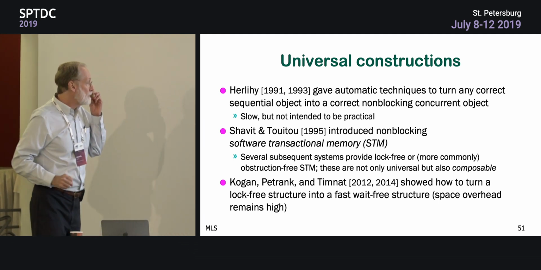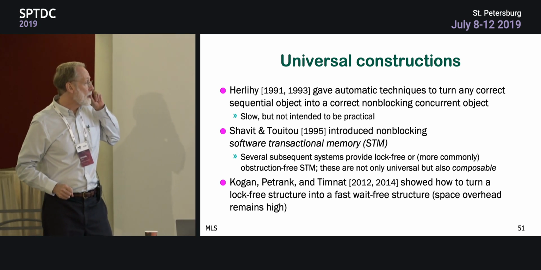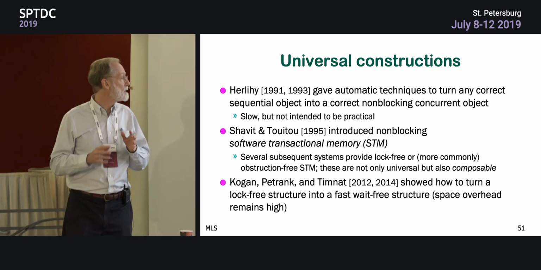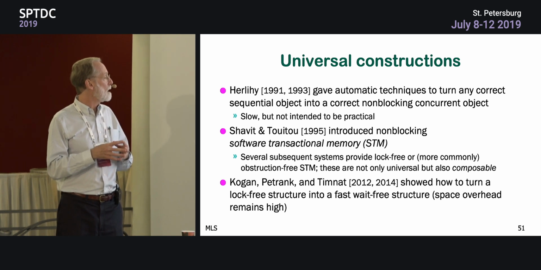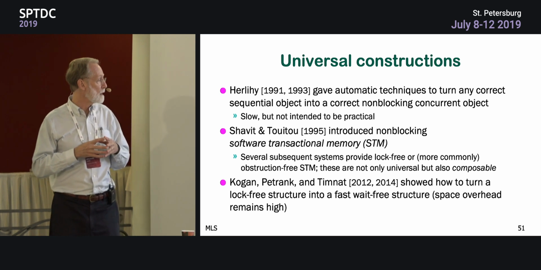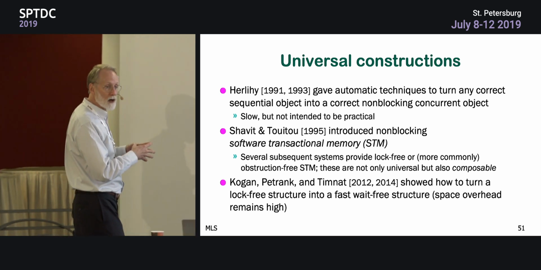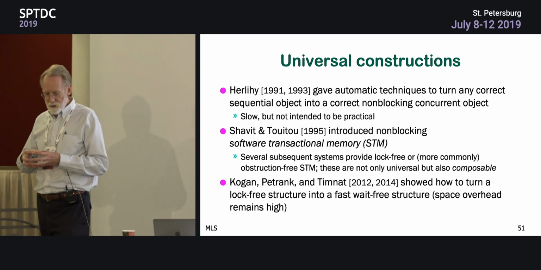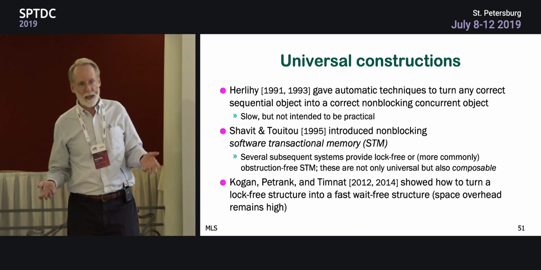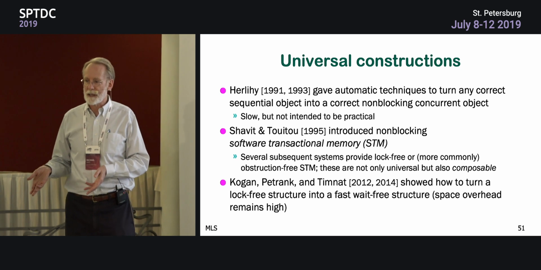Final bullet here I made reference to before the break, and that is a construction developed by Erez Petranka and his students over a several-year period that showed how to take lock-free structures and turn them into wait-free structures using a construction they call, or an idiom they call, a fast path, slow path technique.